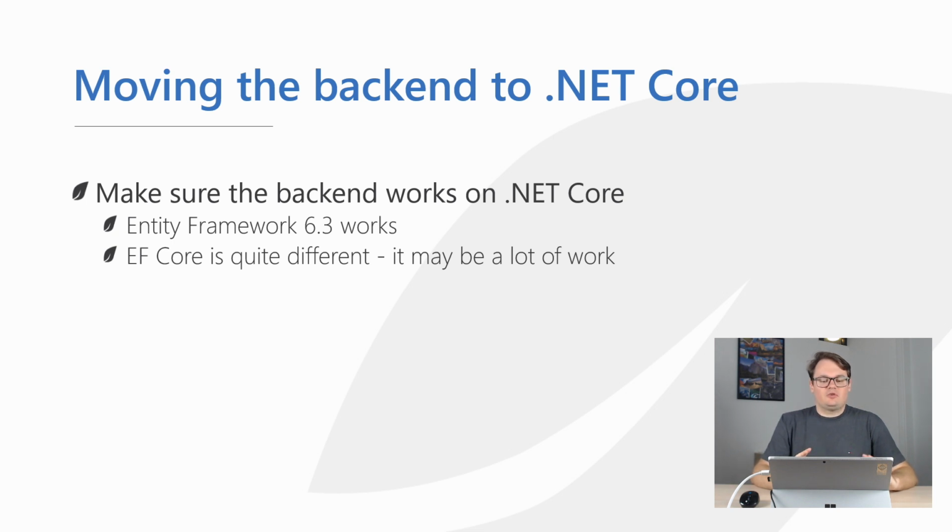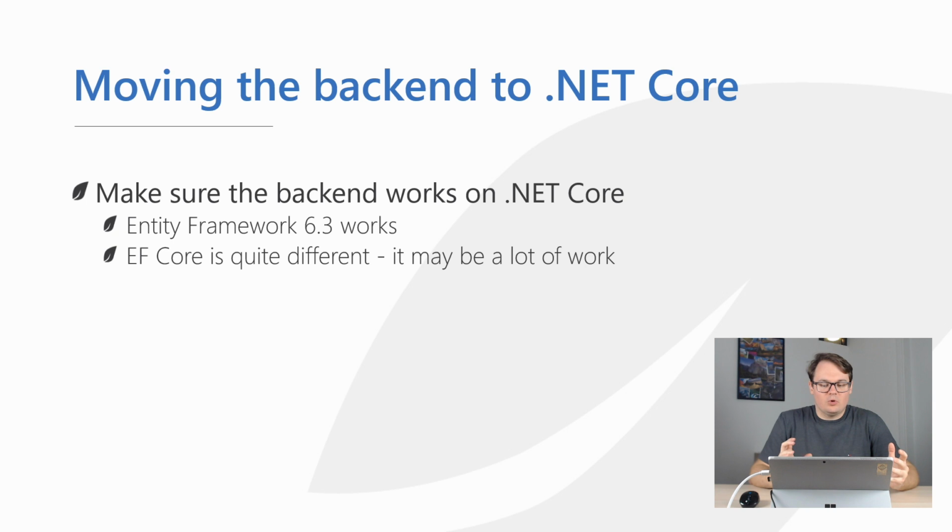There are a lot of improvements in EF Core, but still the complexity of queries that could be translated by EF6 is much bigger than what you can afford with EF Core. So if you want to switch EF to EF Core, there is a very high chance that you would need to rewrite many queries, because EF6 could translate almost everything to the database. However, EF Core is not so good at that. It aims at maybe different use cases or different paradigms on top of which database applications are written right now.